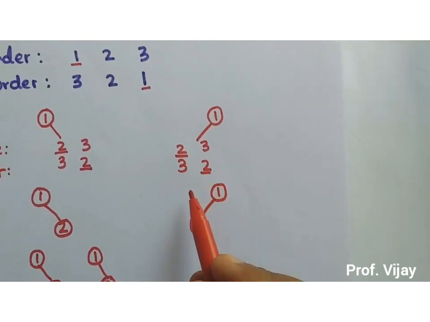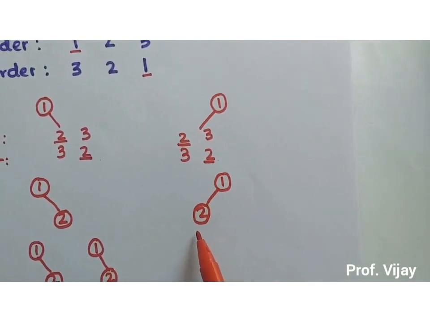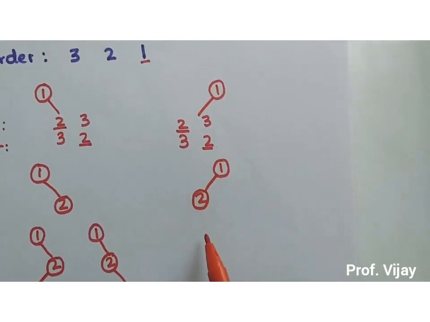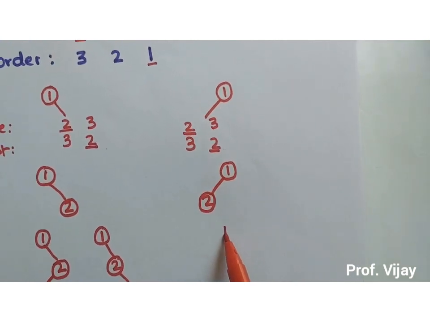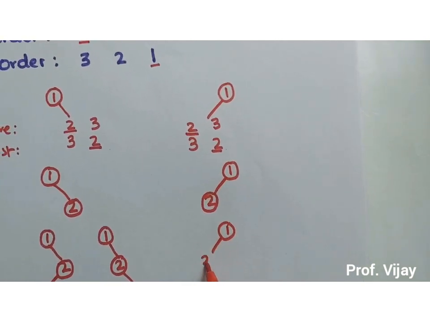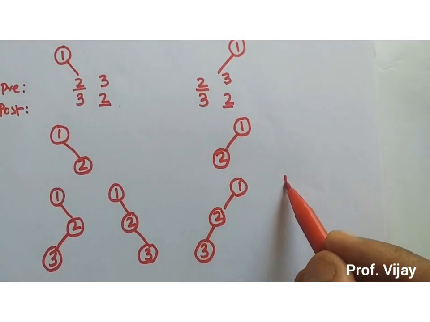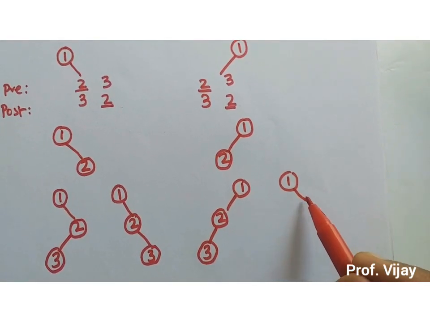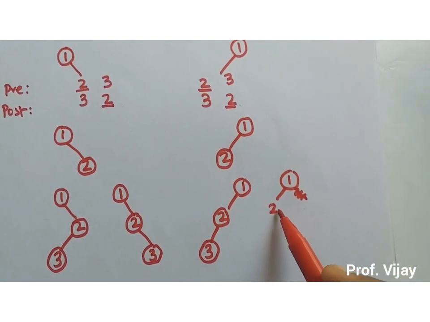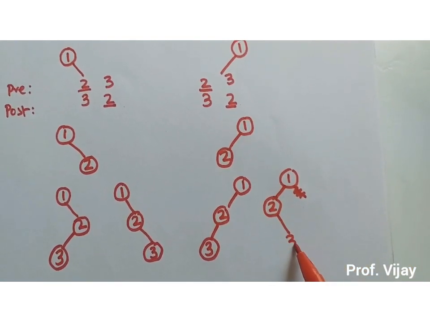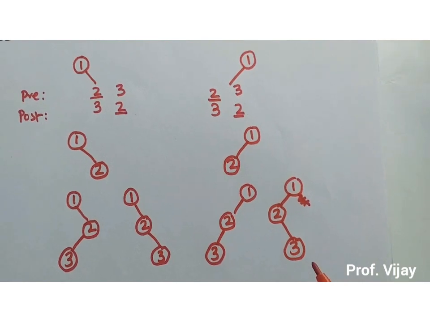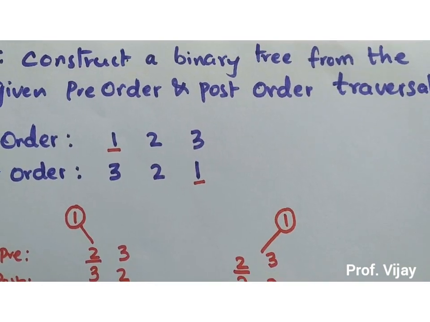So definitely, 3 may fall on the left side or the right side. So we will get 1, 2, 3. The other case is 1, 2 and 3.